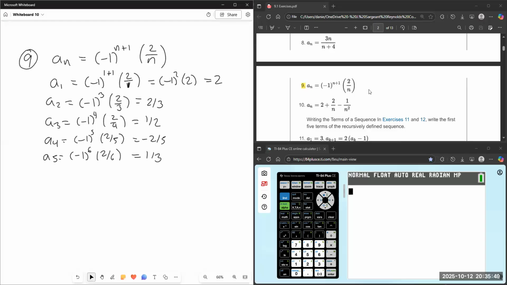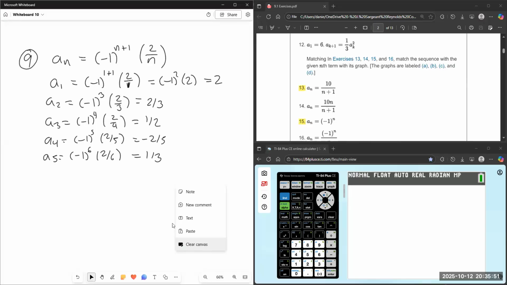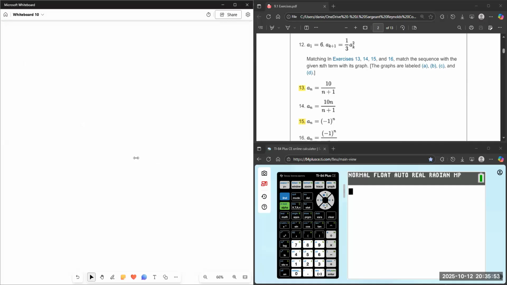So now at number 13. A sub n is equal to 10 over n plus 1. Match the sequence with the given nth term. The graphs are labeled A, B, C, and D below.